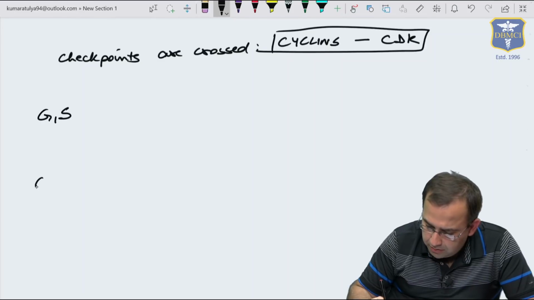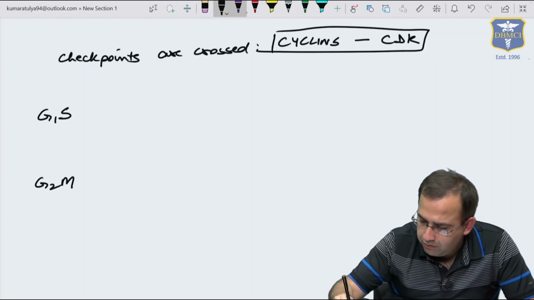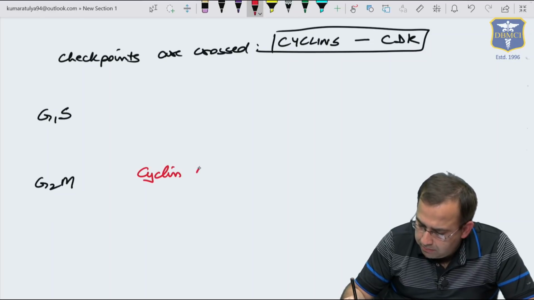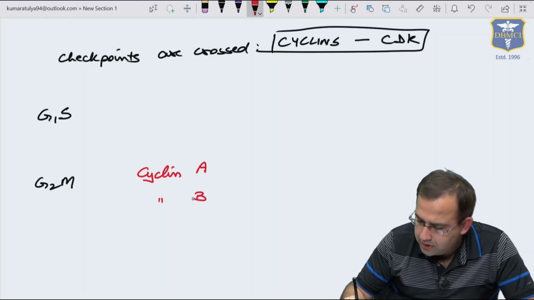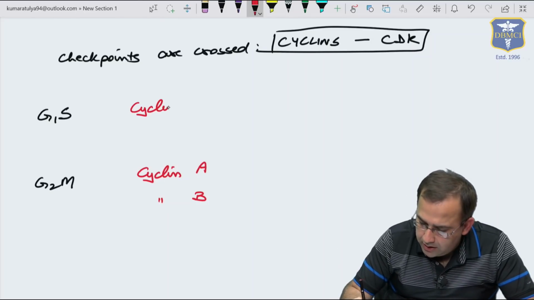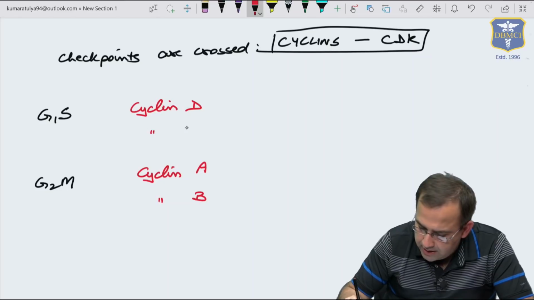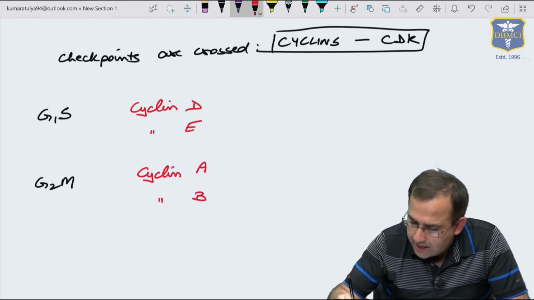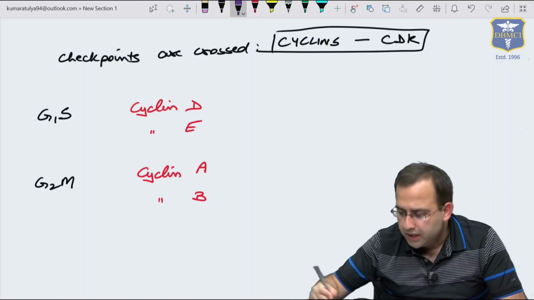G1S, leave one line below this, G2M. We will start making the table from below. Cyclin A and B help in crossing G2M. Cyclin C is not there. Cyclin D and E help in crossing G1S. Cyclins bind to cyclin dependent kinases.